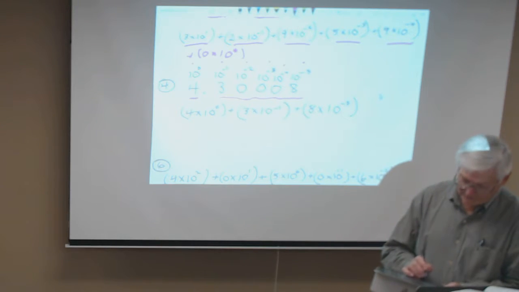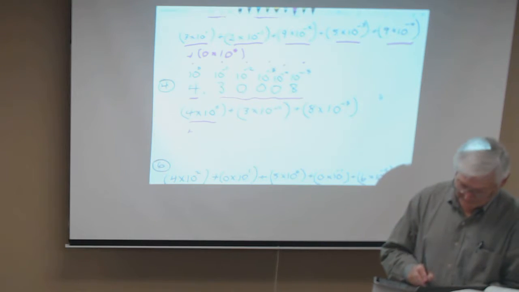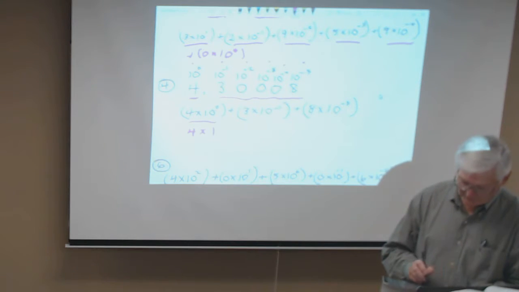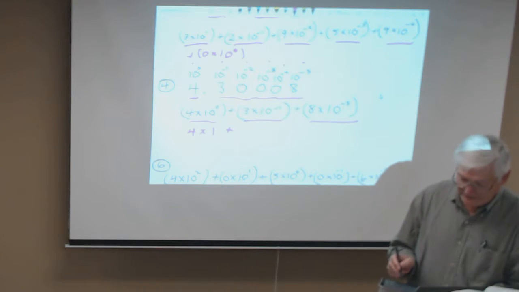So then I end up with 4 times 10 to the 0, which is just 4 times 1. Plus 3 times 10 to the minus 1, and then 0, 0, 0, so I go plus 8 times 10 to the minus 5.